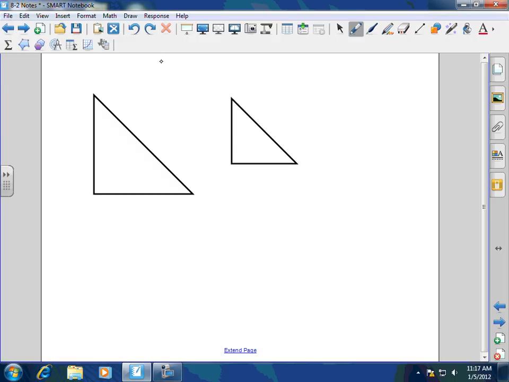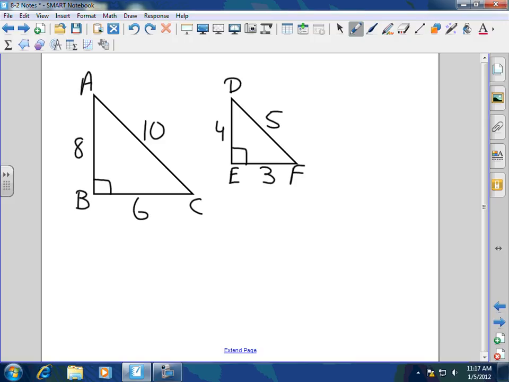Now, if I tell you this is 90 and this is 90, and I tell you that this is A, B, C, and I tell you this is D, E, F. I tell you this is a 3, 4, 5, and I tell you this is a 6, 8, 10. Okay? As far as the sides go, what is the reduction ratio from ABC to DEF? 1/2, guys.